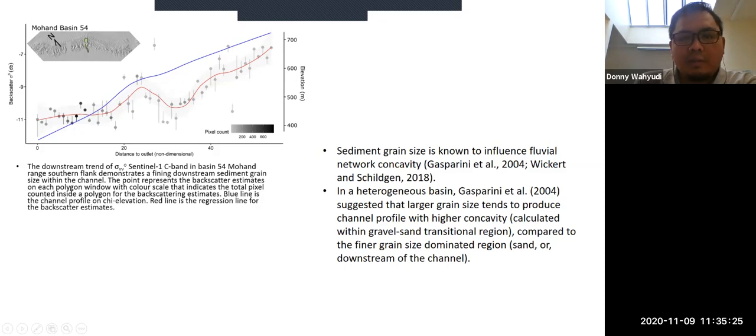So if larger grain size tended to create higher concavity, then the Mohan anticline should have a higher concavity upstream and lower concavity downstream. But it's the other way around, it's the opposite. So we think that grain size is not influencing the partition of channel concavity in the Mohan anticline.